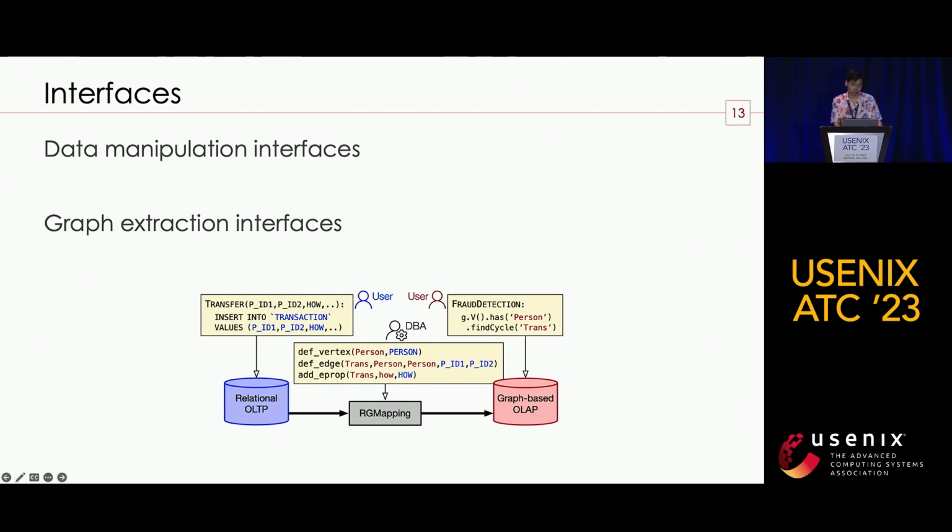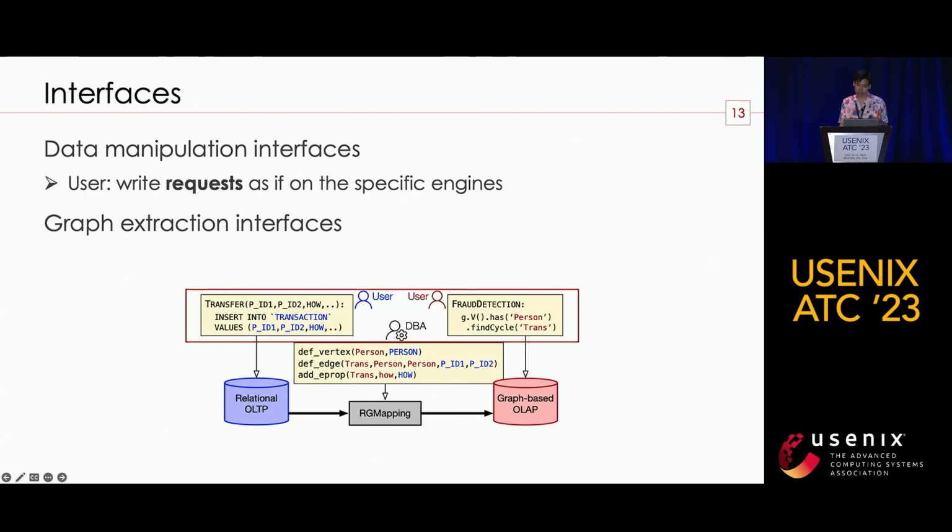The first one is called data manipulation interfaces, like the DML languages in SQL databases. It is provided by the original execution engines. Users can write the requests as if they were on the specific engines without any modifications.